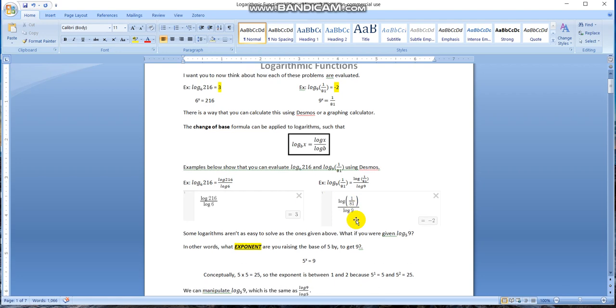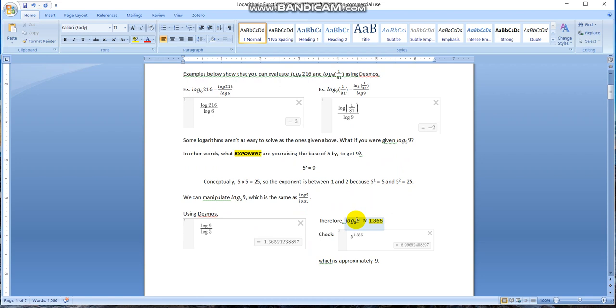Next part. Some logarithms aren't as easy to solve as the ones above. Let's say I give you log base 5 of 9. In other words, you're trying to think: what exponent are you raising the base of 5 by to get 9? If you try 5 to the first power, that's going to be 5.